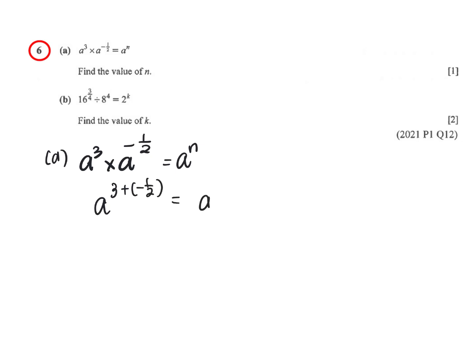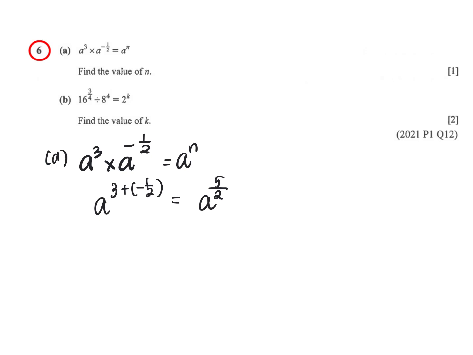That gives you a to power of 3 minus 0.5, that's 2.5. I will not write it as a decimal; usually I'll write it as an improper fraction. But of course, in this case, it's a nice number, so if you really want to put 2.5, no problem.